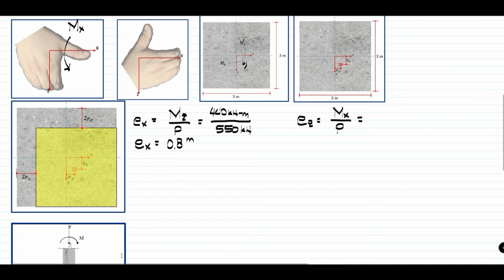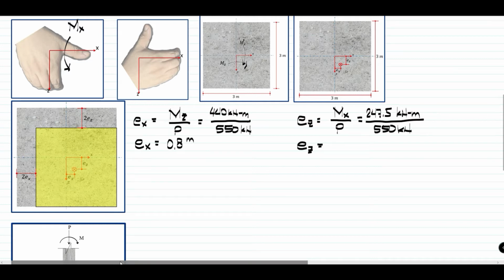So kunin lang natin yung numerical value niya, which is 247.5 kilonewton meters, divided by the P, which is 550 kilonewtons. Now determining this one, we can have an E sub z equivalent to a value of 0.45 meters. So ngayon, hindi pa natin pwedeng lagyan ng notation whatever is B prime, whatever is L prime.